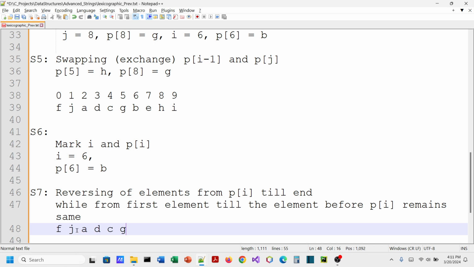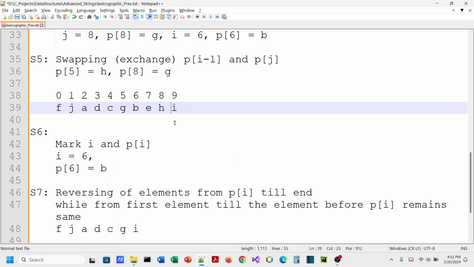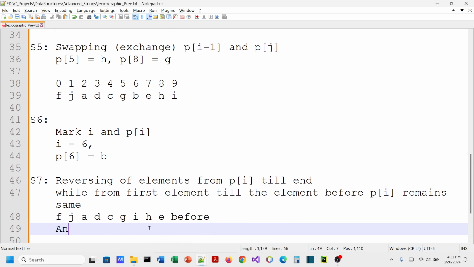This is F, J, A, D, C, G. Now I am going to do reversing of the elements from p of i till end. When I do reversing, this I, which was last, will come here. So I, then there will be H, then E, and then B. So this essentially is your answer.